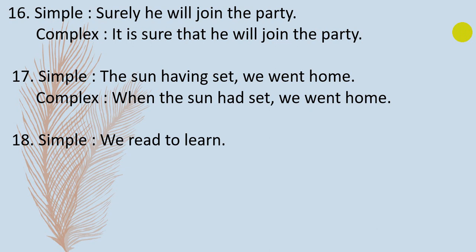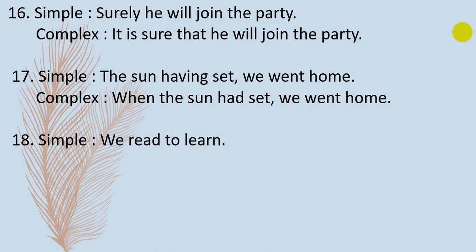Serial number 18, simple sentence. We read to learn. Rule: if the simple sentence is done by adding an infinitive, it will be changed into complex by expanding the infinitive into an adverbial clause. Dear learners, our focus will be on the infinitive.